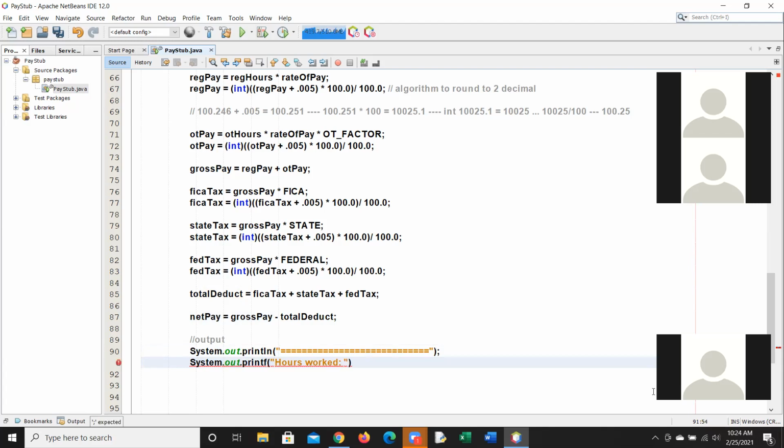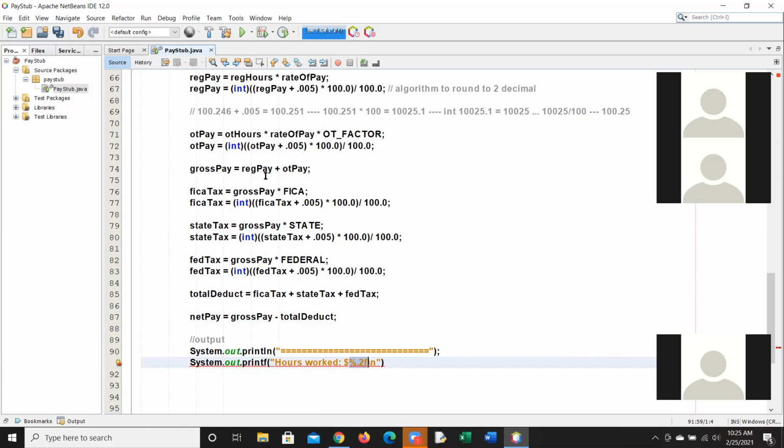And then it'll be a $ sign, a % sign, 0.2f, and then \n. And all that means is I want to put a $ sign next to the money. Then I'm going to substitute this %.2f for a two-digit floating point number.